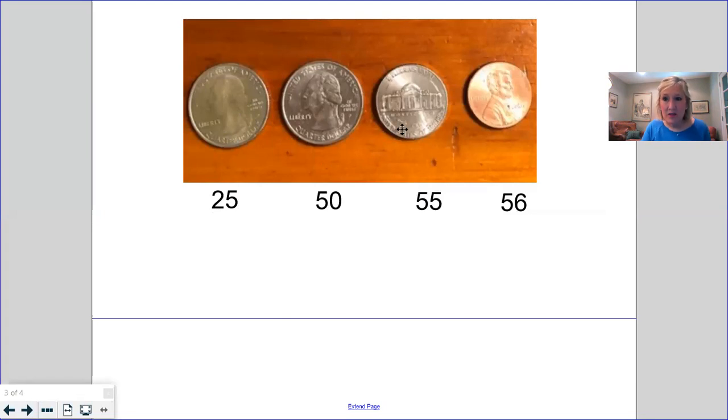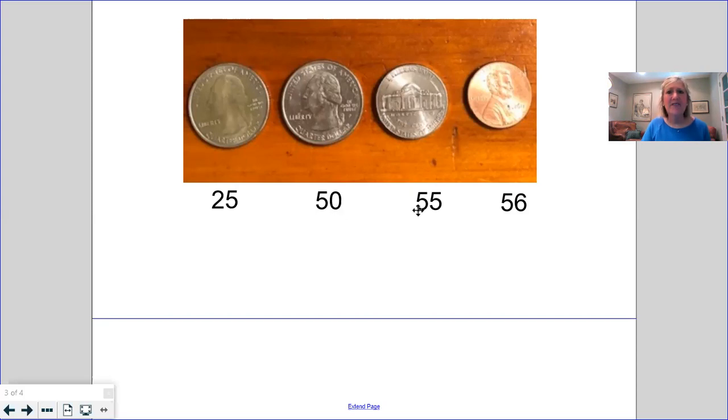Now, do you know this coin? A nickel. This is the tail side of a nickel. So a nickel is worth what? Yeah, 5 cents.